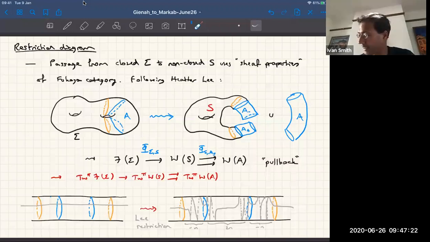So she exhibits things that happen in this middle part as some kind of A infinity ideal. That's where that, together with things just coming from inclusion of subsurfaces, is where these functors come from.